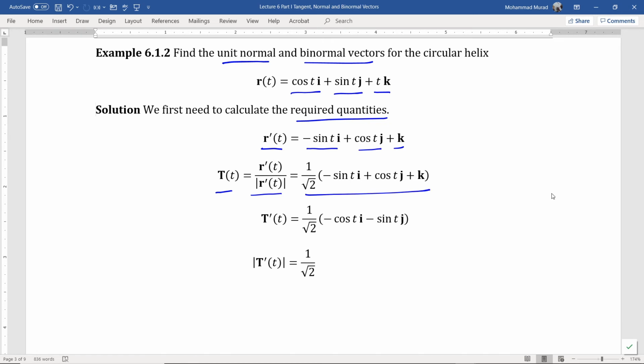And then the derivative of the unit tangent vector is the vector with components negative cosine of t over square root of 2 and negative sine of t over square root of 2. In other words, 1 over square root of 2 times minus cosine of t i minus sine of t j. Therefore, the magnitude of the derivative of T is 1 over square root of 2.